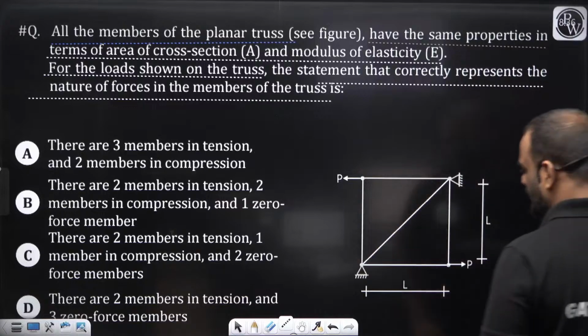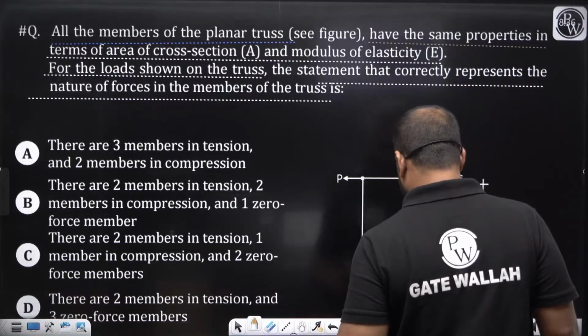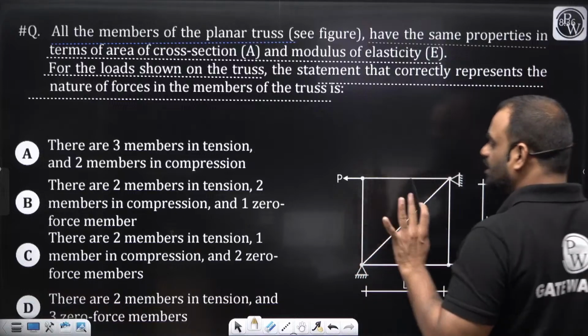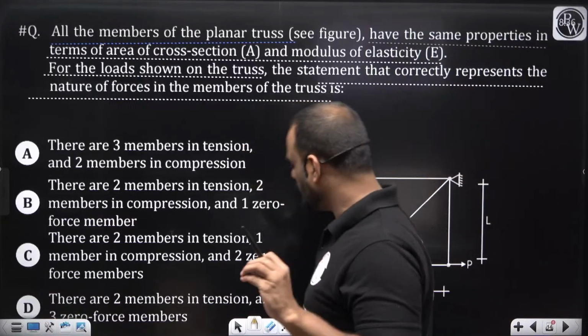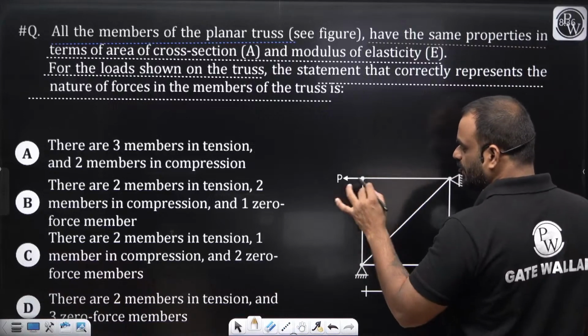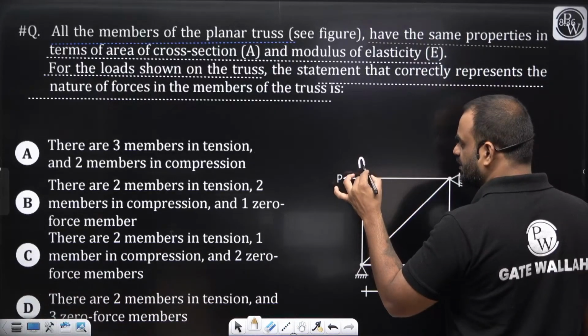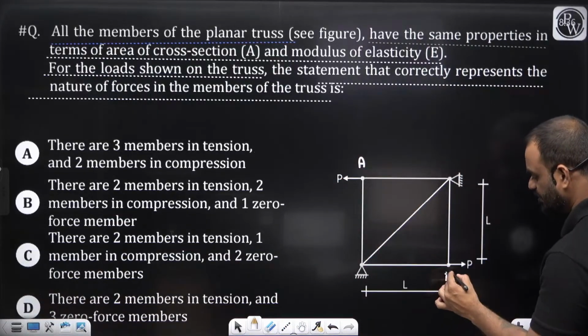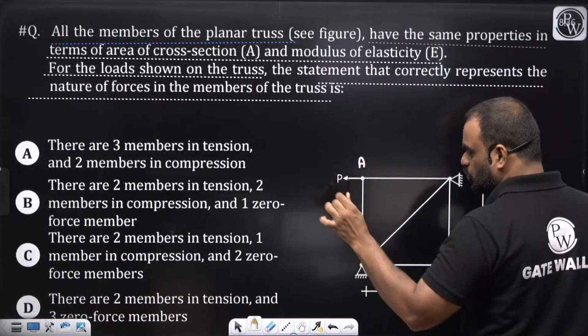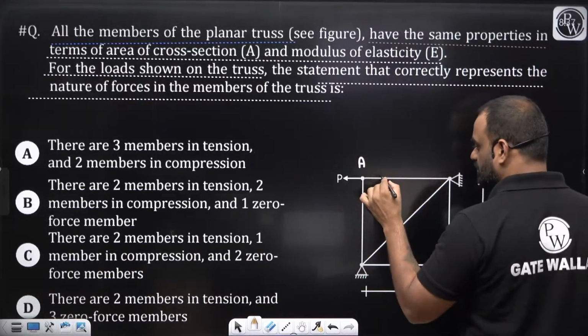Now guys, it is very easy to understand. You just need to solve the joint first, then you will get the answer for the remaining part of the truss. Okay, so let us try to solve this particular joint, let us consider it A, and let us write down this one as B. So guys, if P is applying in this particular direction, you need to apply P in this direction, right?